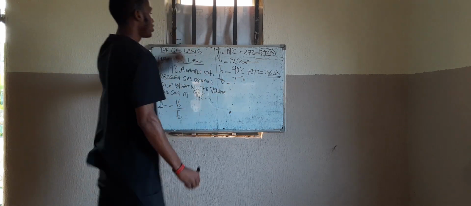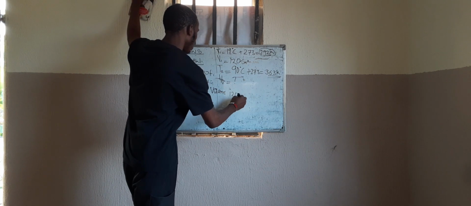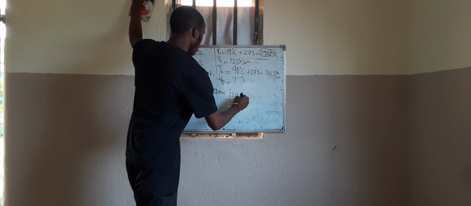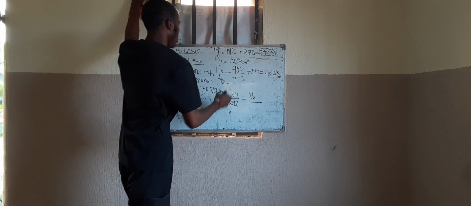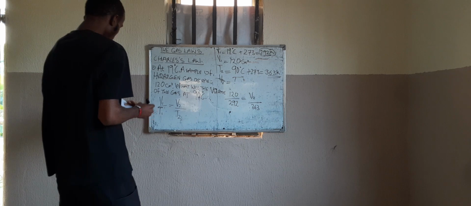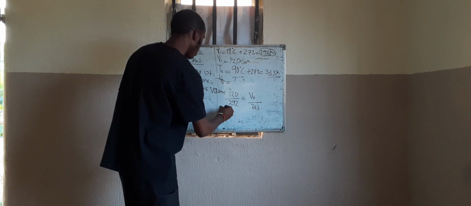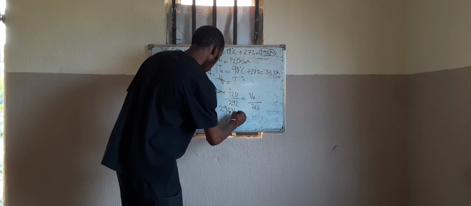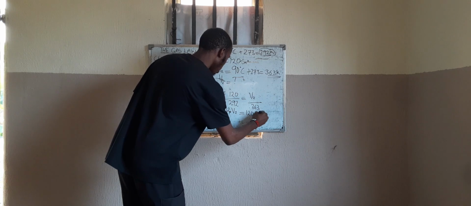So using that formula, V1 is 120, T1 is 292, V2 is what we are looking for, T2 is 363. So when we cross multiply this, we now have 292 V2 equals 120 times 363.